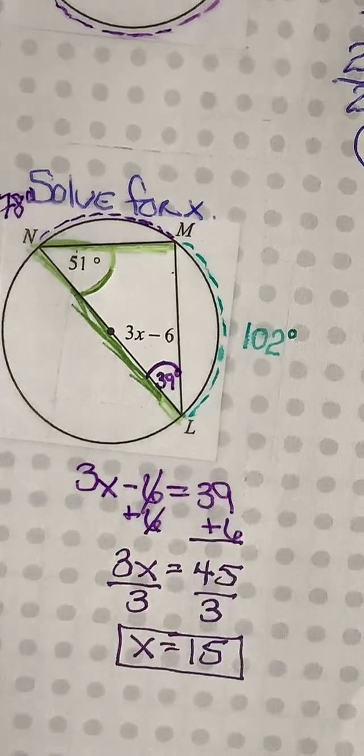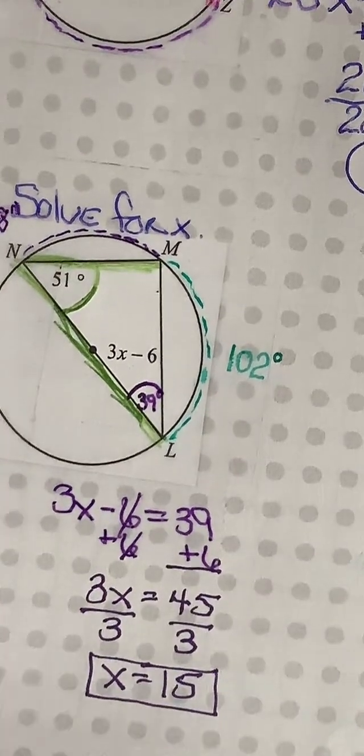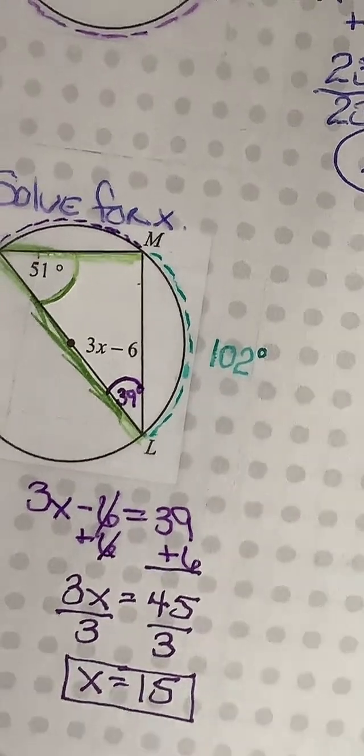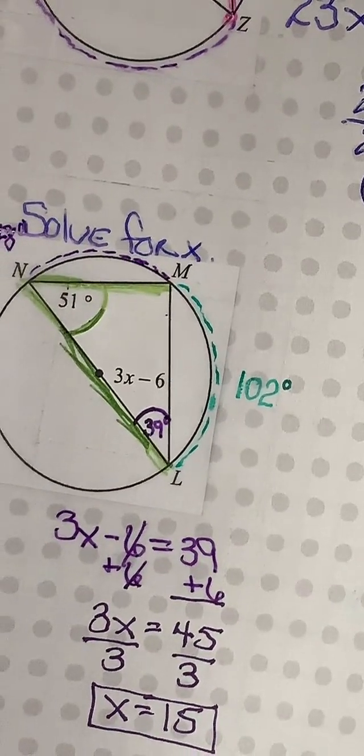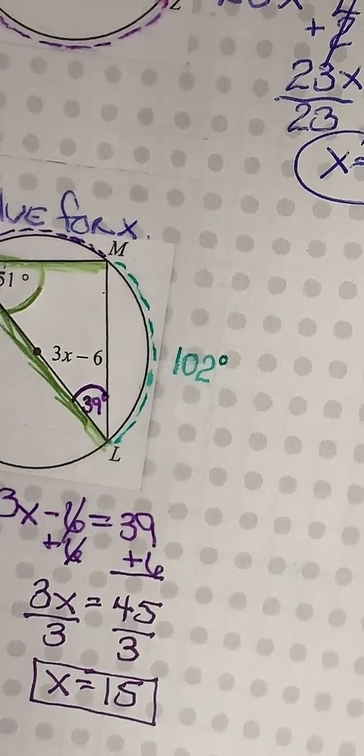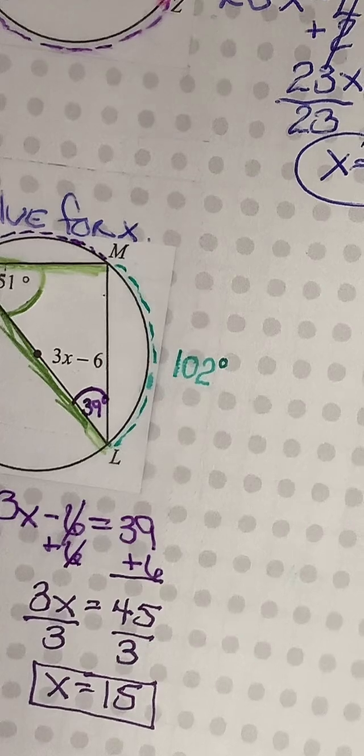Okay, so we know we've got to be cutting something in half. Oh, well, thank you. Forgot to add the 6 on the right side. Okay. Yes, that'll work.